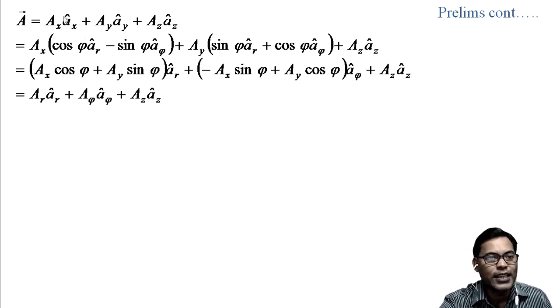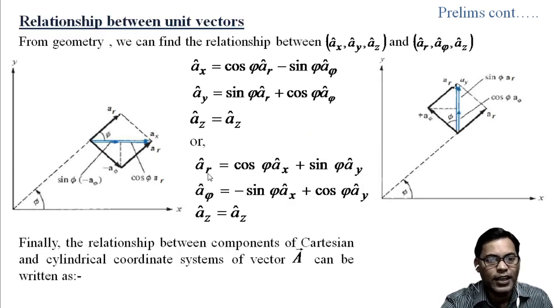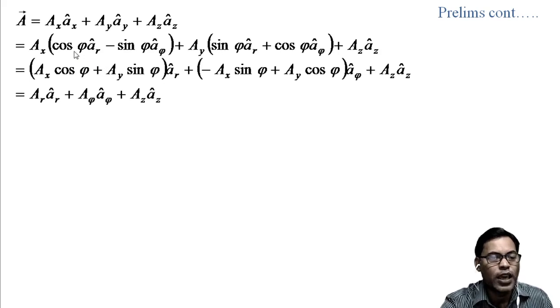Now unit vectors ax, ay, az are replaced by these expressions, which we got from the cylindrical coordinate system relationship we have seen here. So we put them in this expression, and unit vector az stays the same in both systems.